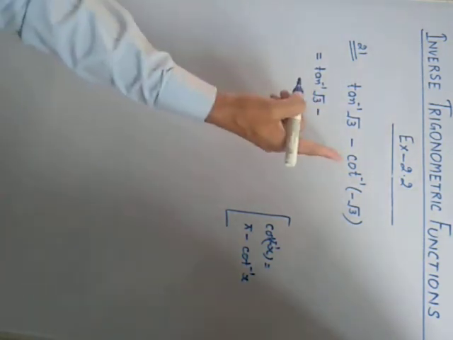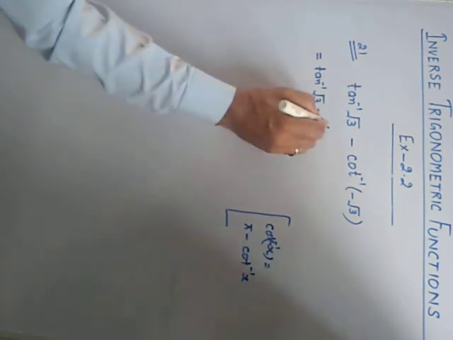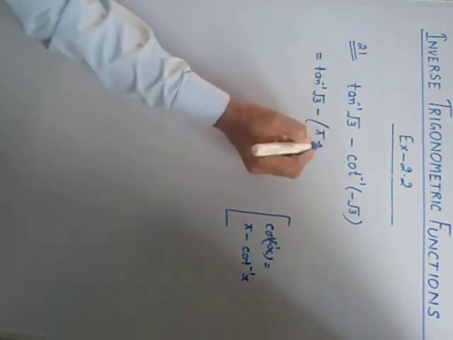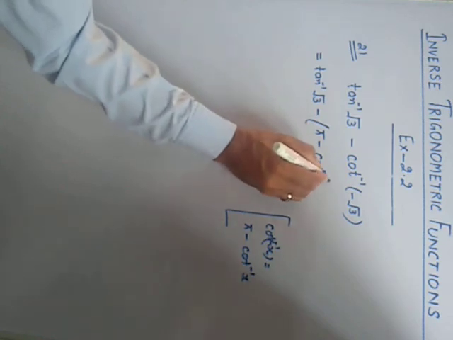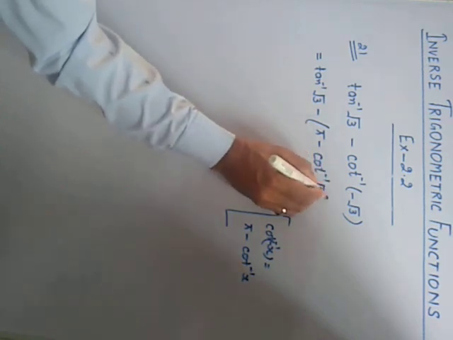So in place of cot inverse minus root 3, we can write pi minus cot inverse root 3.